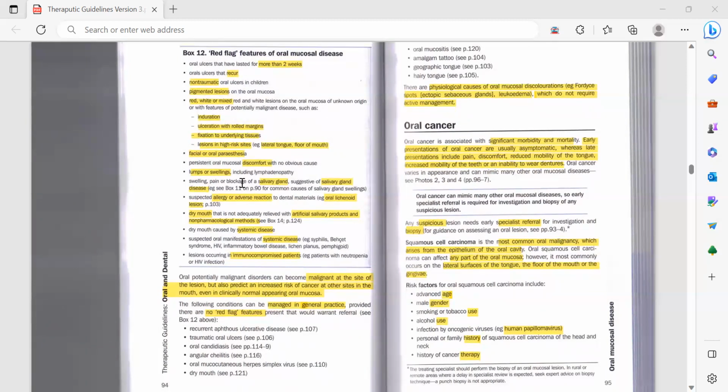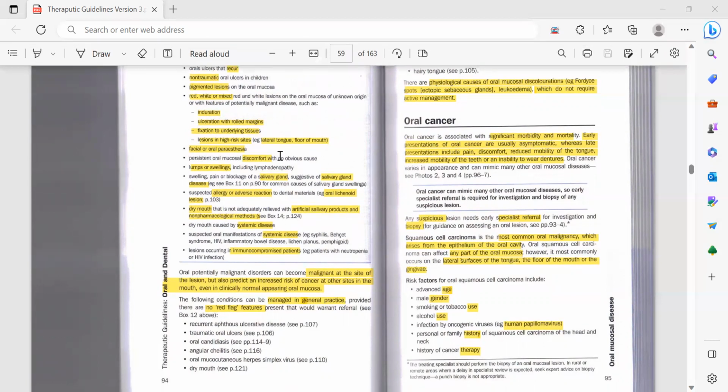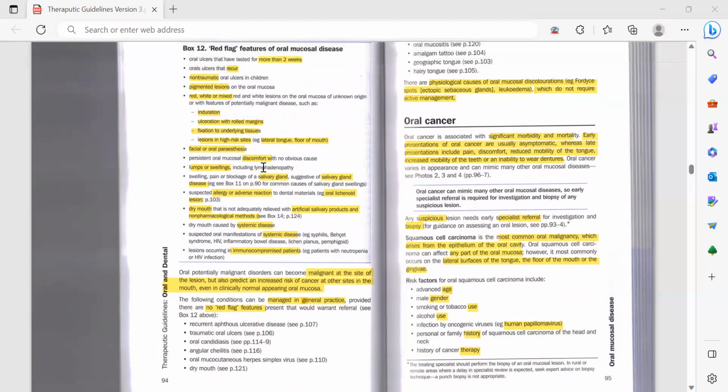If their lymph nodes are tender and mobile, there are certain signs that would denote infection, and certain signs that would denote cancer. Okay, so the cancer lymph nodes would be fixed, they would be hard, and there would not be pain, they would not be tender.